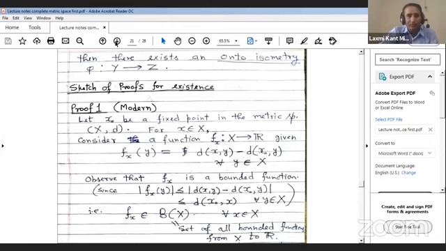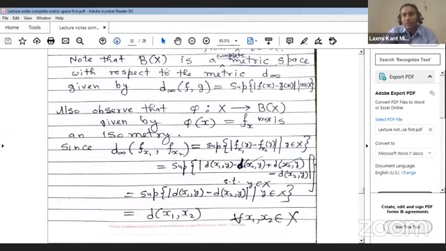Note that this B(X) is a complete metric space with respect to the metric d infinity, which is given by d infinity of (f, g) equals the supremum of modulus f(x) minus g(x), where x belongs to capital X. With respect to d infinity, this is a complete metric space.